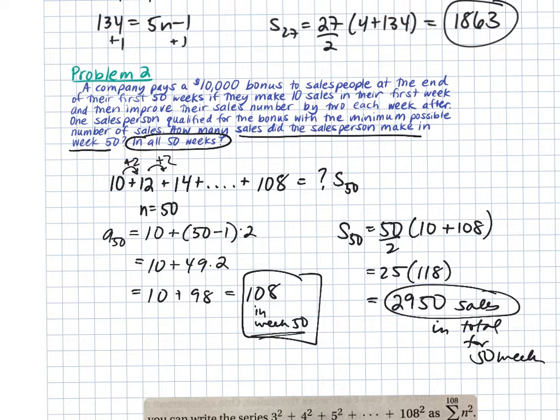Seems like a lot. In 1 week he makes 108 sales, and the first week he makes 10. Guess it depends on what you're selling.